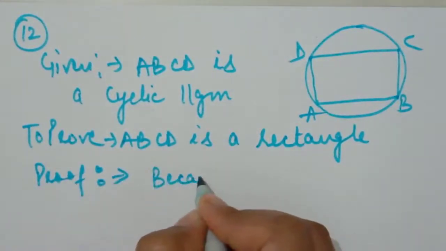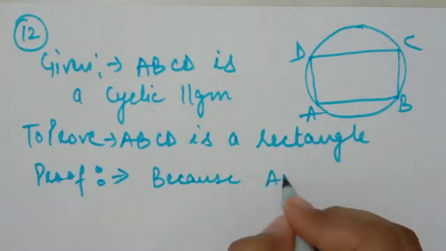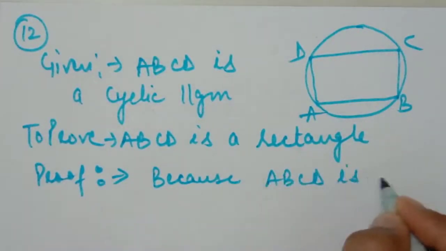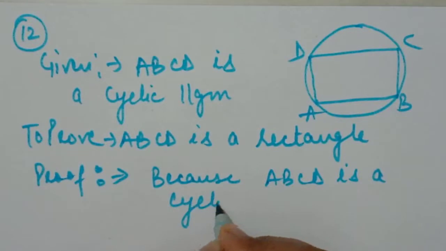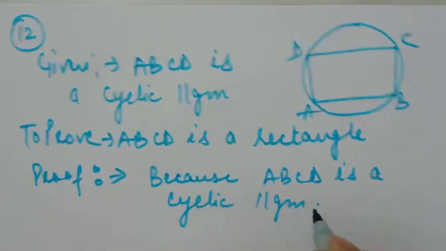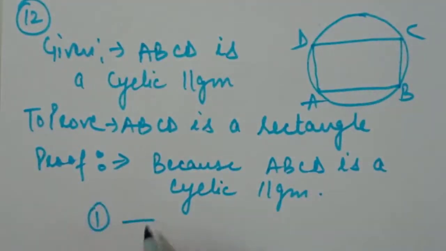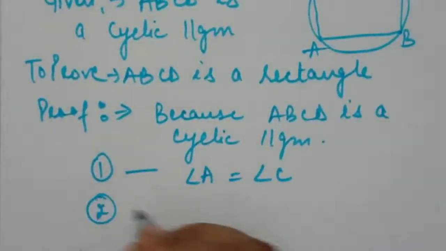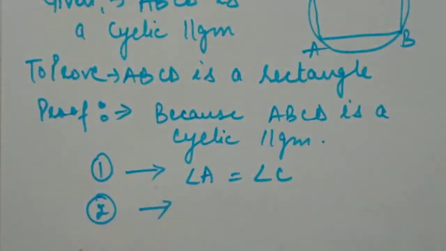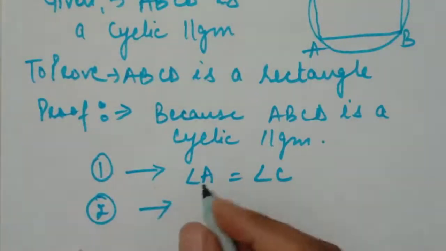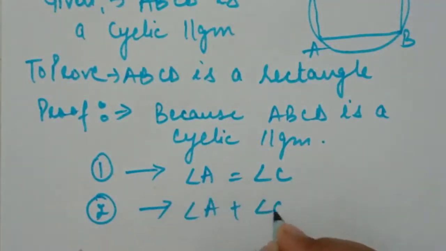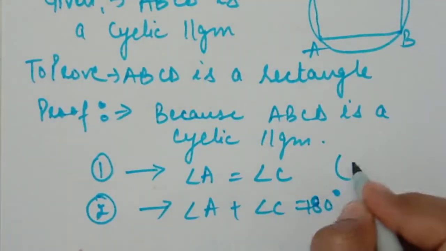Because ABCD is a cyclic parallelogram, first equation: when ABCD is a parallelogram, then we know that A is equal to C. Equation number two: if ABCD is a cyclic parallelogram, then angle A plus angle C is equal to 180 degrees.